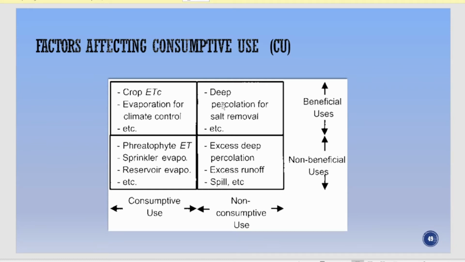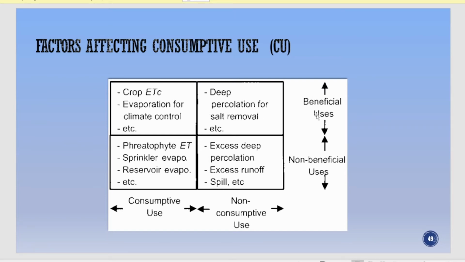That might be beneficial for your farmland, because over the period you are reducing the salinity of the farm, and you are improving your farmland. It will be a beneficial use, but this cannot be considered a consumptive use, because it's not consumed by a plant for its growth. So it's not consumptive use, but it is beneficial.